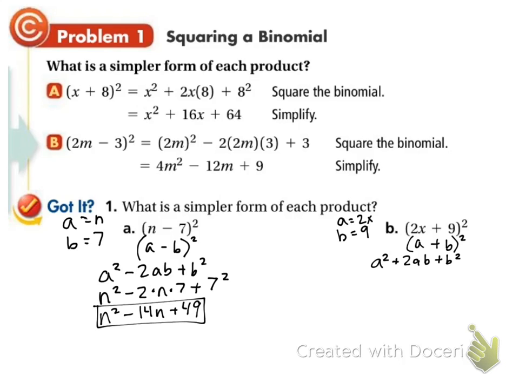We can plug in: 2x squared plus 2 times 2x times 9 plus 9 squared. We have to spread that squared in, so this turns into 2 squared x squared plus 2 times 2 is 4 times 9 is 36, so this is 36x, plus 9 squared is 81. And lastly, 2 squared is just 4, so 4x squared plus 36x plus 81.